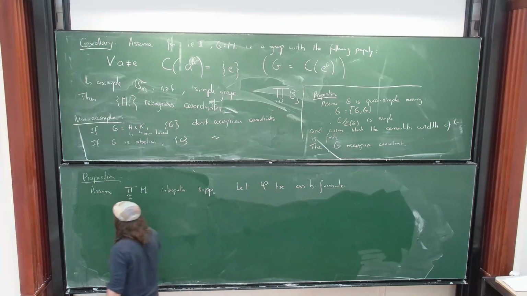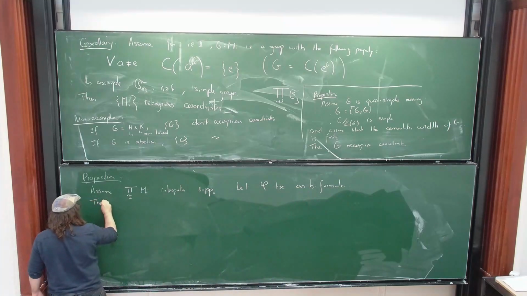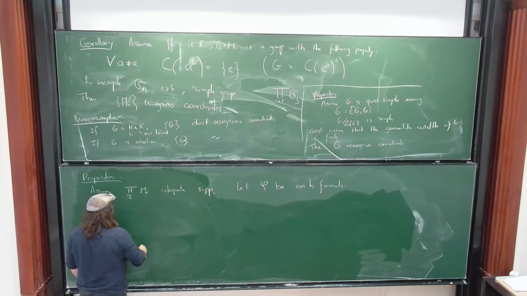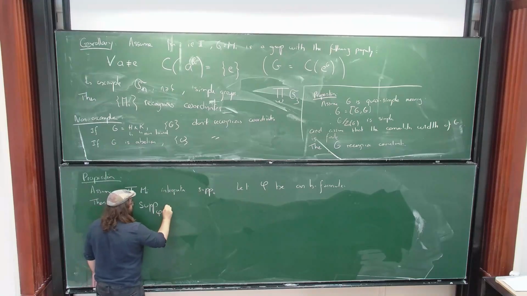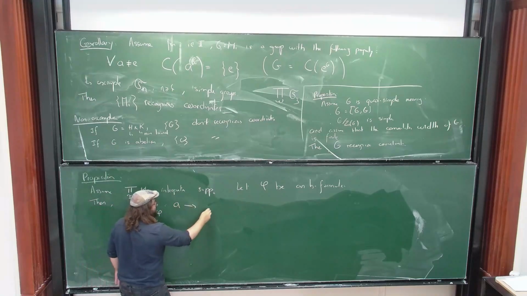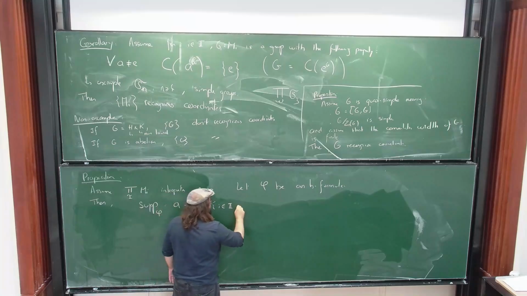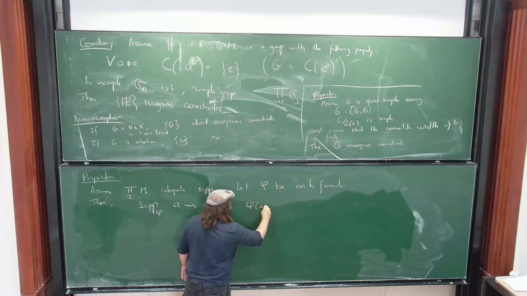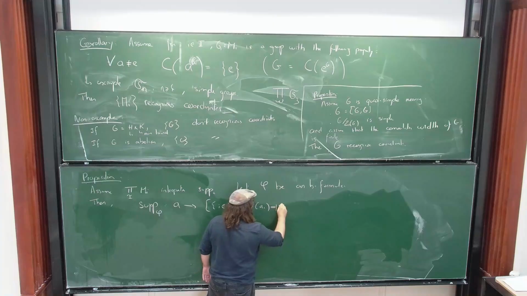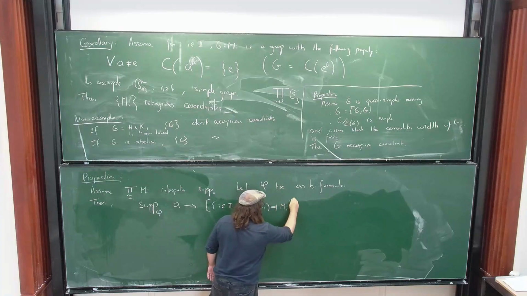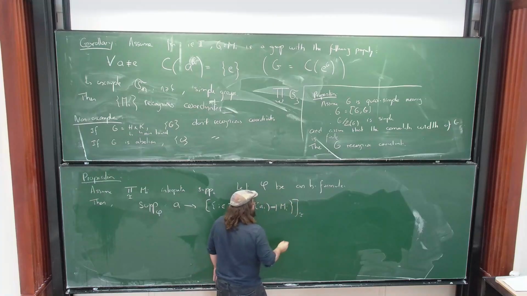Then sup phi, which to A associates the set of indices I such that phi of A at I holds, is definable.